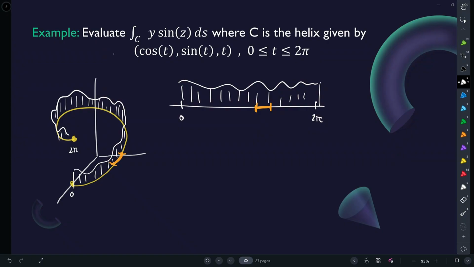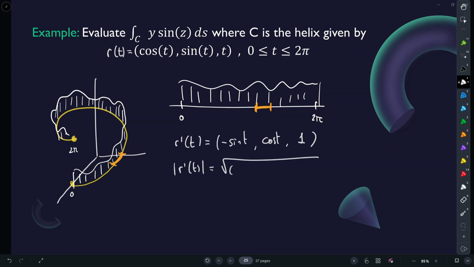This is my parameterization of the helix, so I compute the derivative of the helix, that's minus sine t, cosine t, and the derivative of t is 1. I compute the length of my tangent vector, that is going to be minus sine t squared plus cosine t squared plus 1 squared.